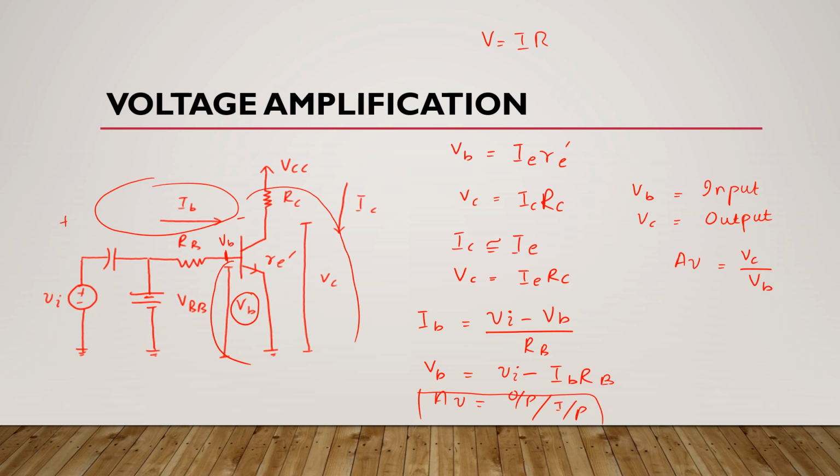We know that VC is IE RC and VB is IE RE. This IE will cancel that IE. It means voltage gain is equal to RC divided by RE, the ratio of collector resistance and AC emitter resistance.